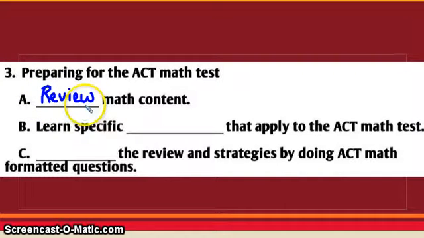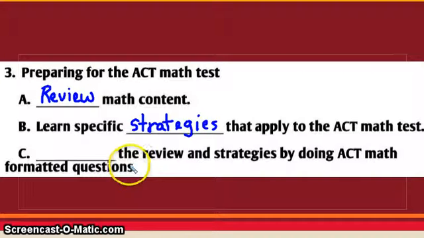Now, you're going to get some science review and some hints and tips there, and just a little bit of reading and English review, but mainly we're going to review math content. All right, so learning specific strategies, which I will go through with you in this course, that apply to the ACT math test, will help you get through that test.